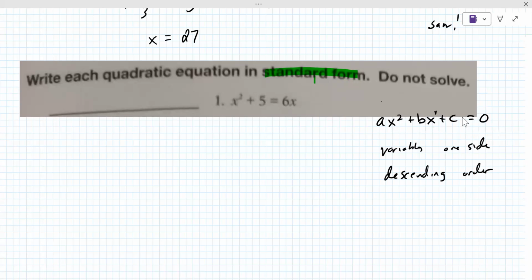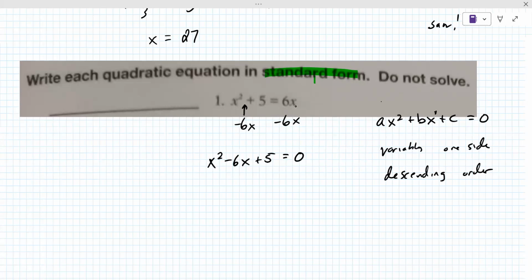Now, to do this, in this problem you have to subtract 6x from both sides. But when you subtract 6x, where do you put it? You put it after the x squared. It has to be in descending order.